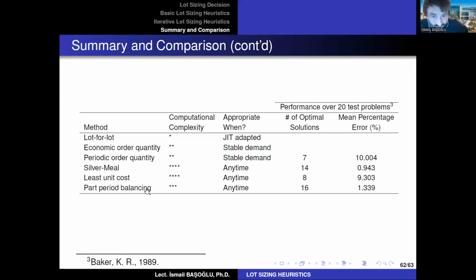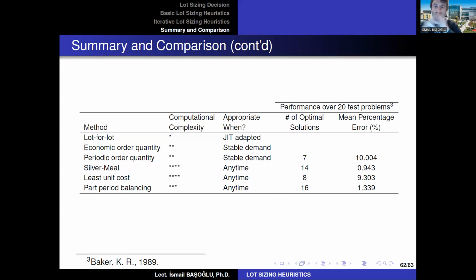So this means that in this study, it is estimated that the probability of the silver meal and part period balancing heuristics yielding an optimal solution, which is exactly the same solution that you would get with the integer programming model, is larger. The probability of the least unit cost and periodic order quantity heuristics yielding the optimal solution is less.